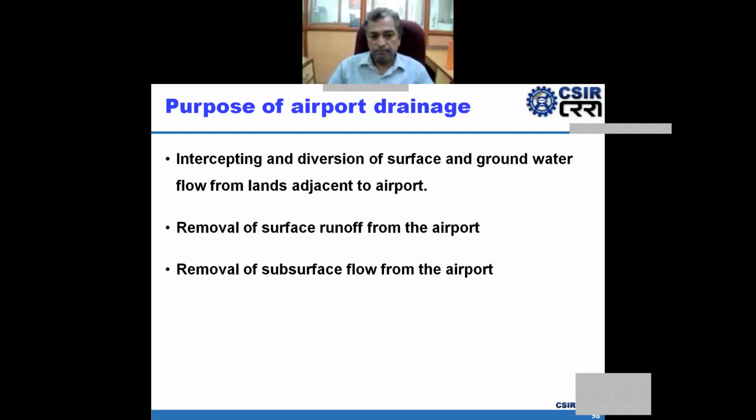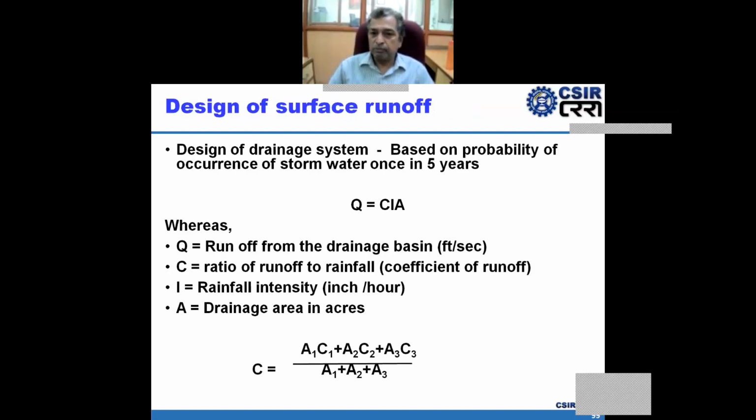So both types of water flow, surface runoff and subsurface flow, we have to dissipate from the airport pavement. So design of surface runoff should be carried out, estimating the runoff based on probability of occurrence of a storm once in 5 years.